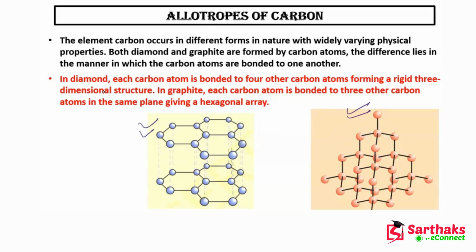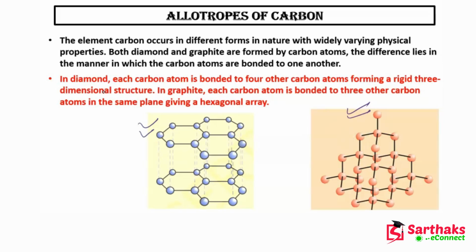First, in diamond each carbon atom is connected to the other 4 carbon atoms, but in graphite each carbon atom is connected to other 3 carbon atoms. And graphite is a conductor of electricity, but diamond does not conduct electricity. I hope, guys, this point is clear to you.